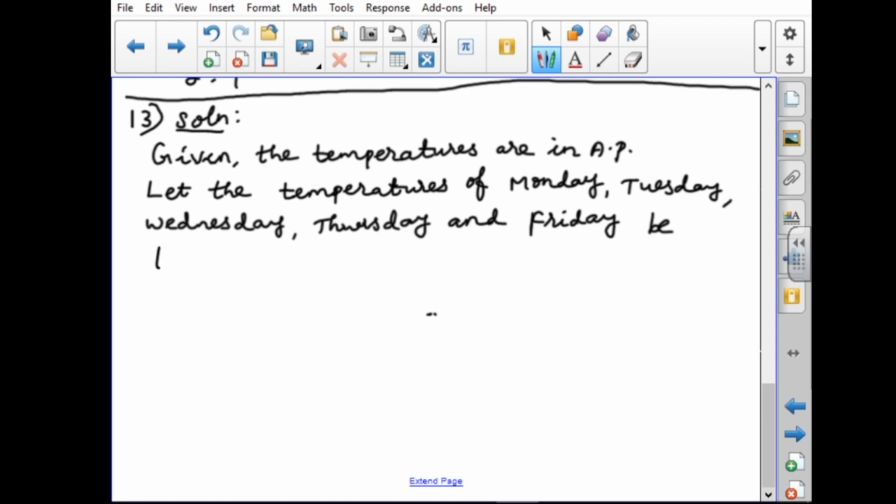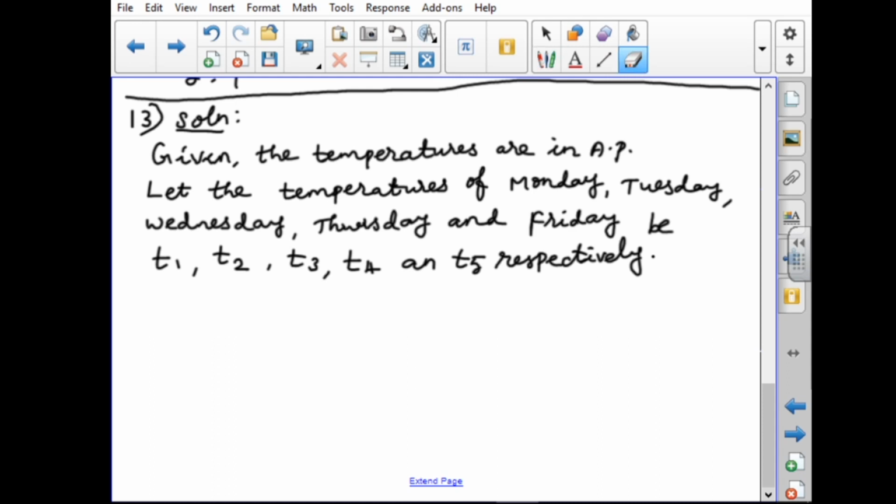So Monday we assume T1, Tuesday T2, Wednesday is T3, Thursday is T4, and Friday is T5. Like this we have to assume first. The sum is not given anything, means first we have to assume, then simplify and get the answer.